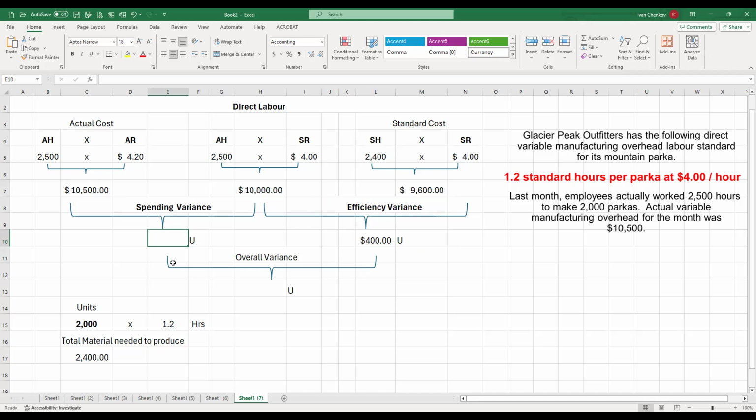Now on the spending variance, that's another $500 unfavorable. Why? Because the rate increased by 20 cents times 2,500 hours, that's $500. Overall variance is $900 unfavorable.